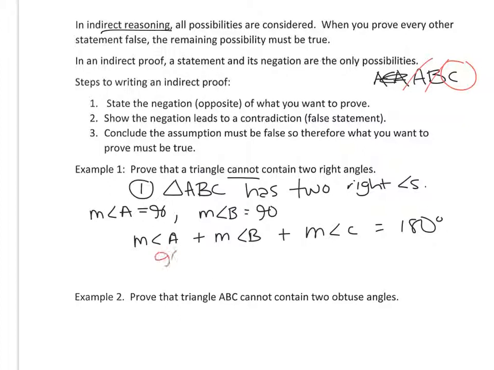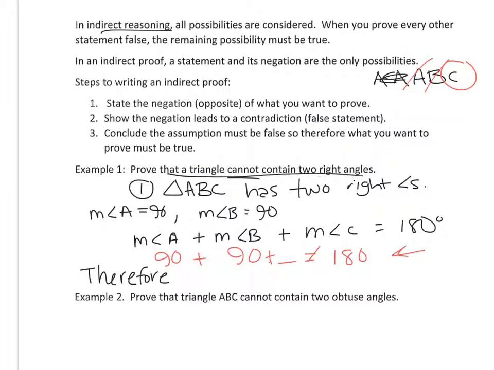But 90 plus 90 plus another angle cannot equal 180. This is my contradiction. So at the end I point out my contradiction, which is in red, and write therefore, and I go back to my original statement: a triangle cannot have two right angles.